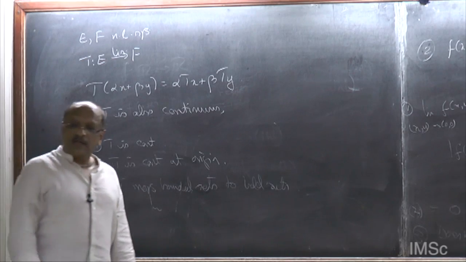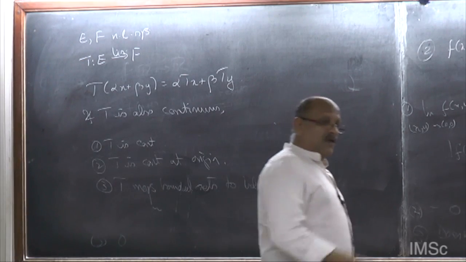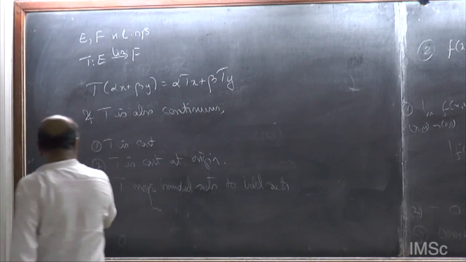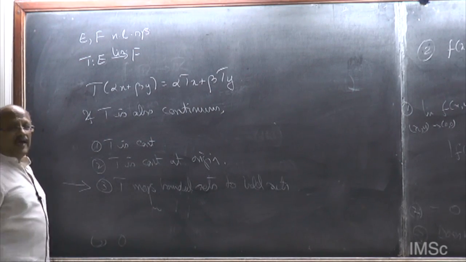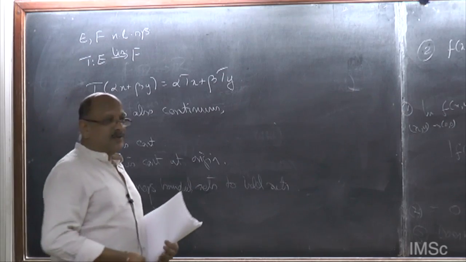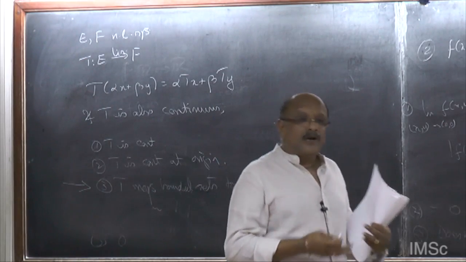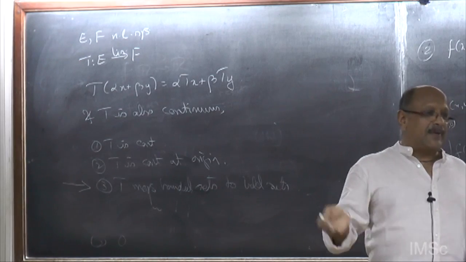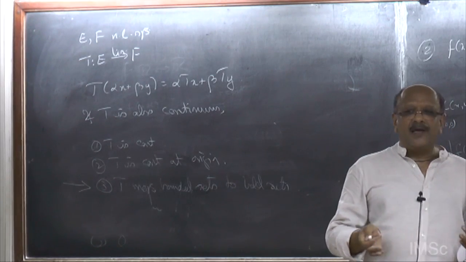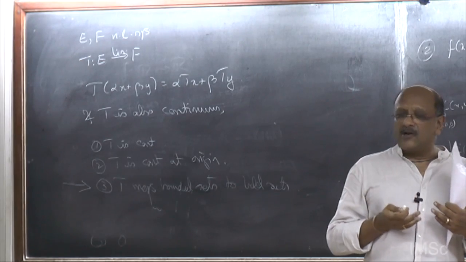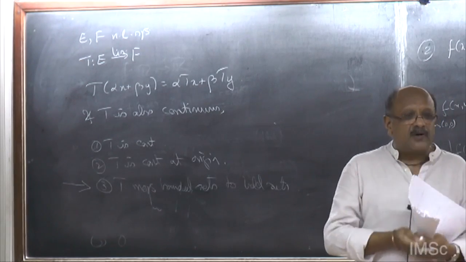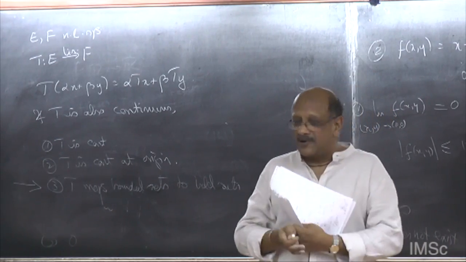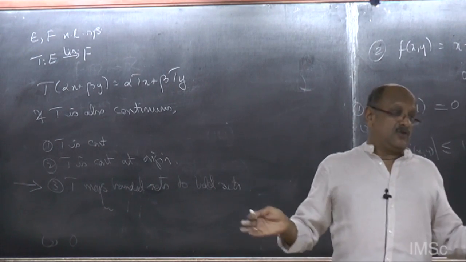All these 3 are equivalent properties. If one is true, the others are automatic. And it is for the third one that we say a continuous linear transformation, we also call it a bounded linear transformation. It is the same word, I will use sometimes this, sometimes that, one and the same thing, because a continuous linear transformation takes bounded sets to bounded sets, and if a linear transformation takes bounded sets to bounded sets, it is automatically continuous.